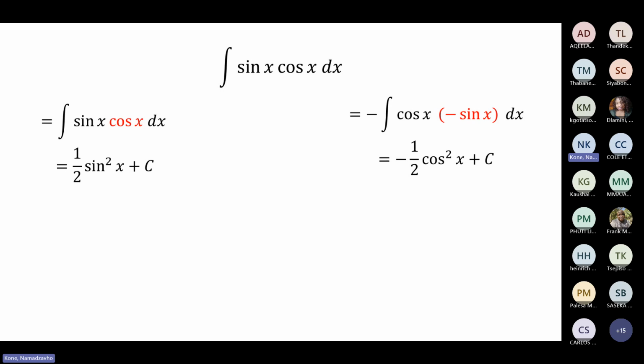We have to bring that 2 inside and compensate for it by the half that is outside, so that if we multiply that half inside, we get back to the original. The original is exactly the same as what we have there. It just gives us the ability to do that reverse of the compound rule of sine of 2x.